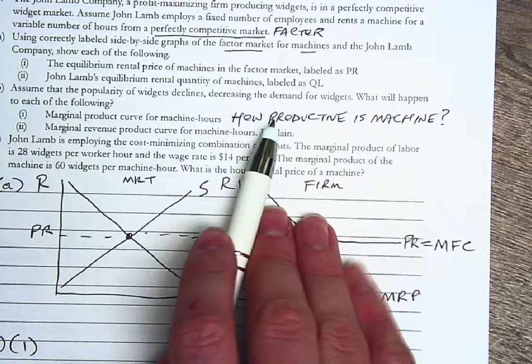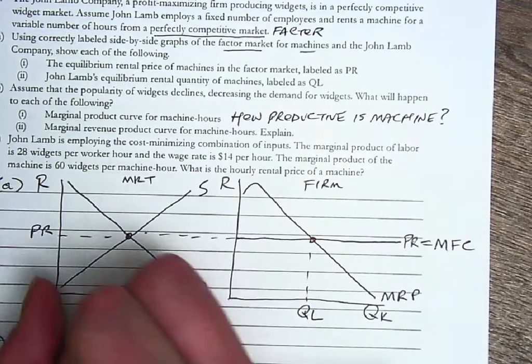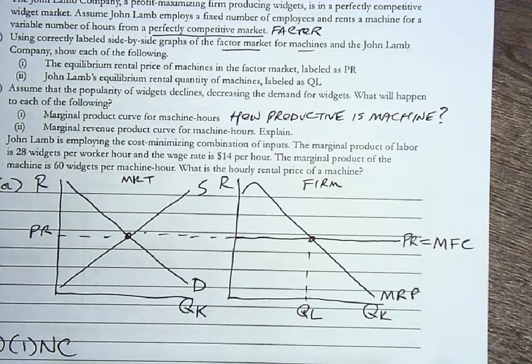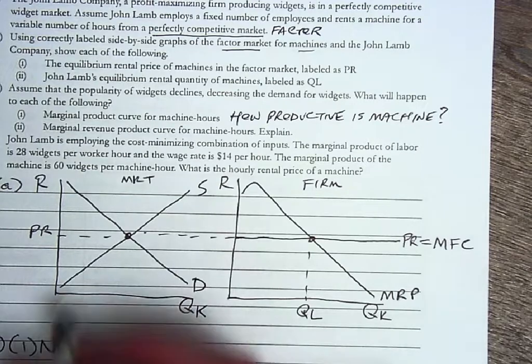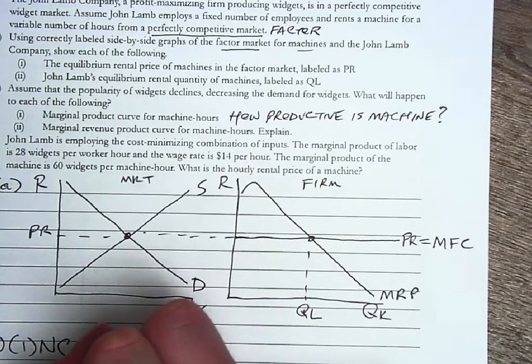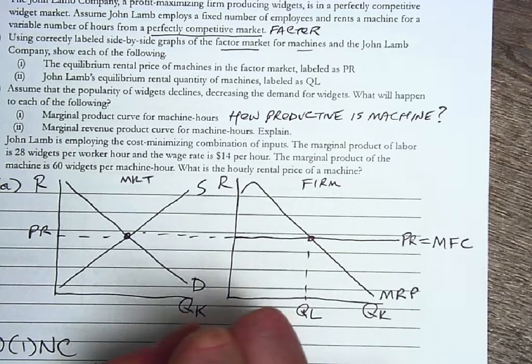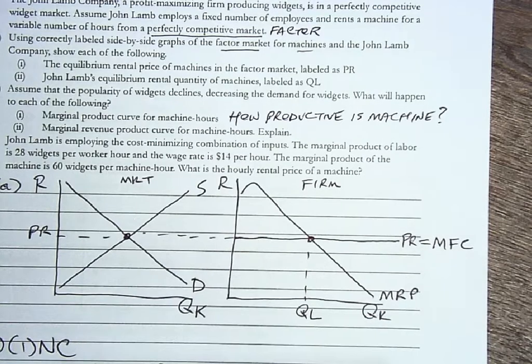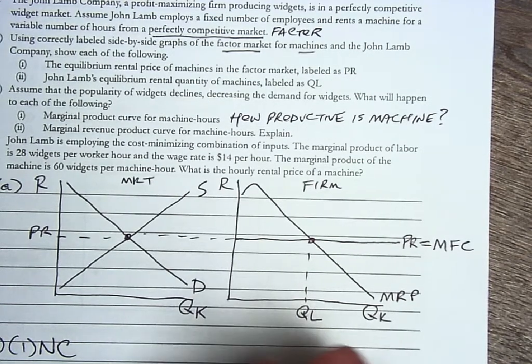The machine is just as productive as before, so there's no change because the productivity didn't change for the machines. Marginal revenue product, on the other hand, will decrease because MRP is equal to the marginal product times the price.